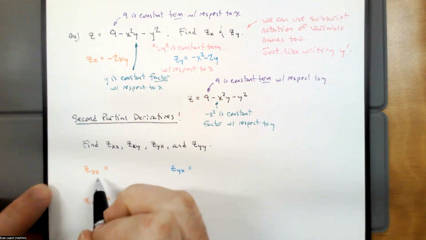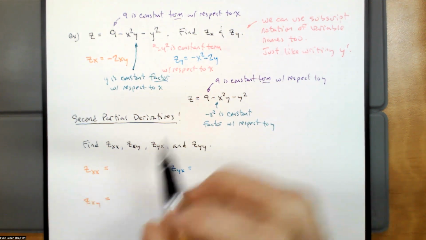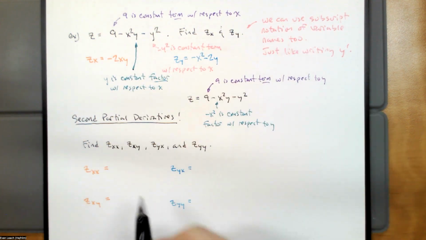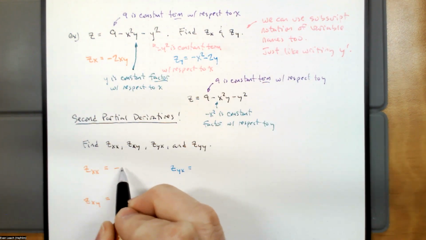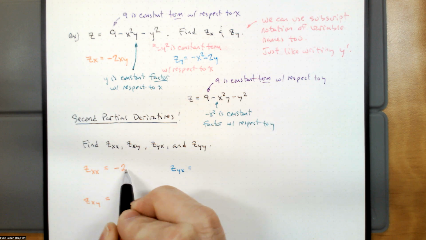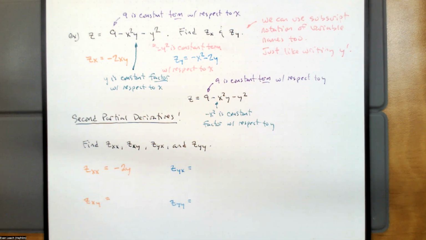So the partial is z with respect to x, and then again with respect to x. We'll just start here, take the derivative with respect to x, and what will we get? Negative 2y. The derivative of -2xy: y is a constant factor, just like -2 is a constant factor. The derivative of x is 1, so we just get -2y. What's the derivative of -2xy with respect to y?